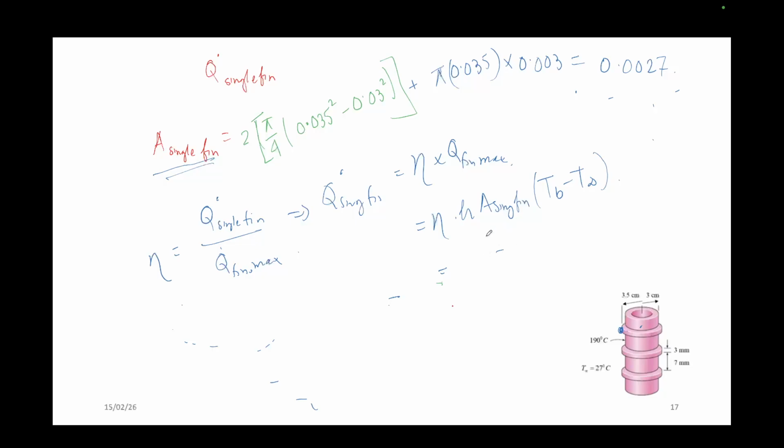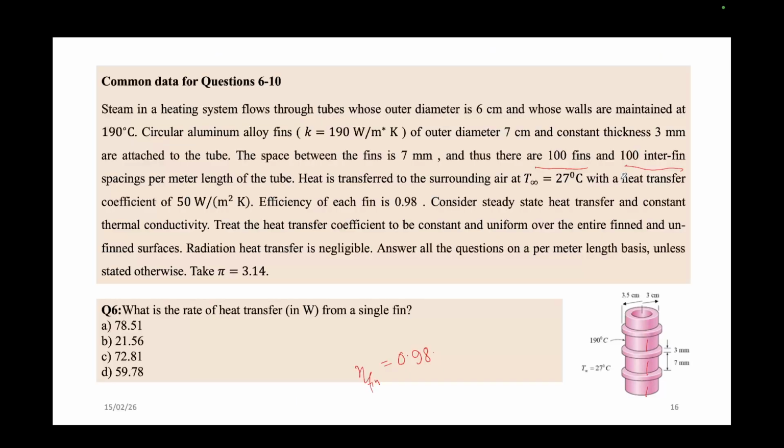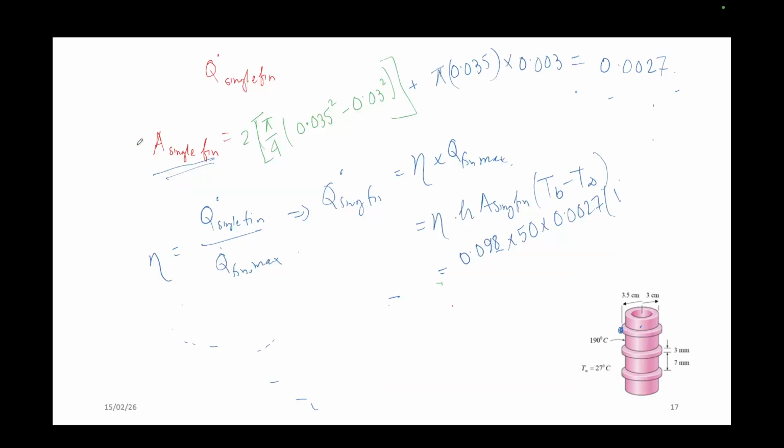Okay, so this efficiency value is 0.098. h is given as 50. The area is 0.0027. T b, most probably 190, I have seen. 190 degree minus this one, 27.